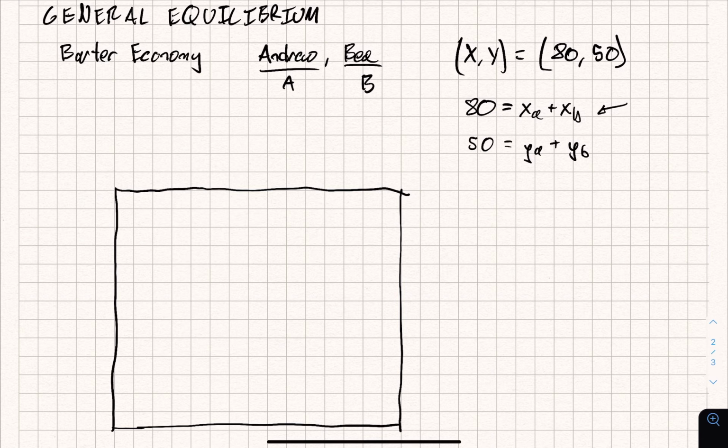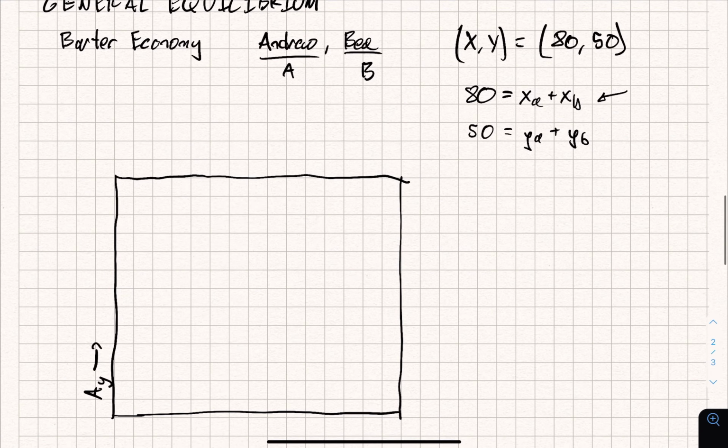Okay, so on the vertical axis, we will have Andrew's y. And this is going to be increasing as we move up. On the horizontal axis, we're going to have Andrew's x. And this is increasing as we move out.